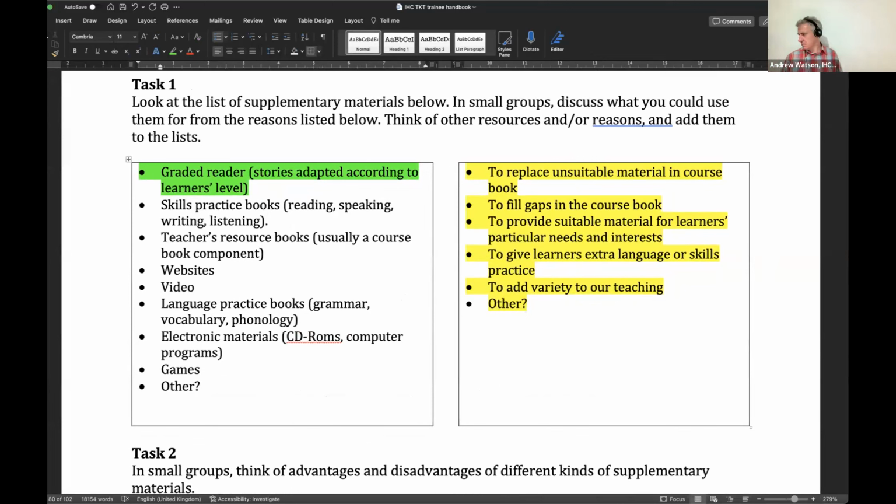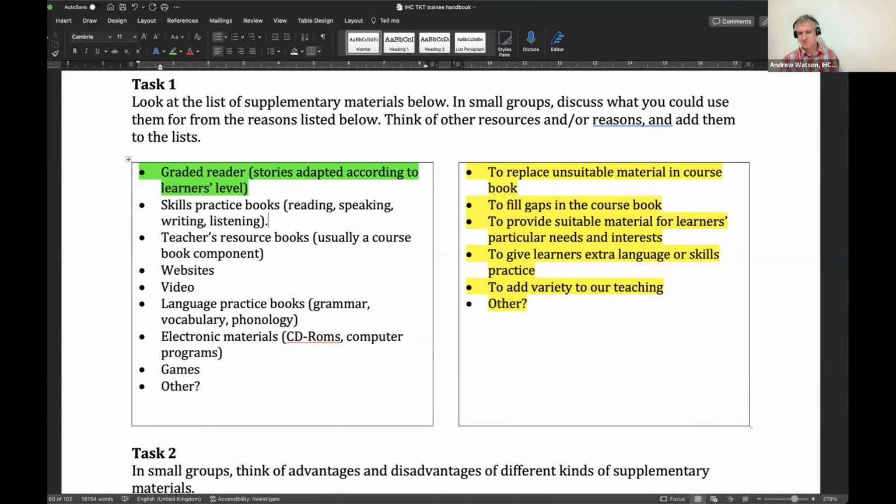A graded reader? Or is it something simpler? What do you think? Is it like a Dickens novel? Or is it something simpler like this? Yeah? It's something simpler, isn't it?